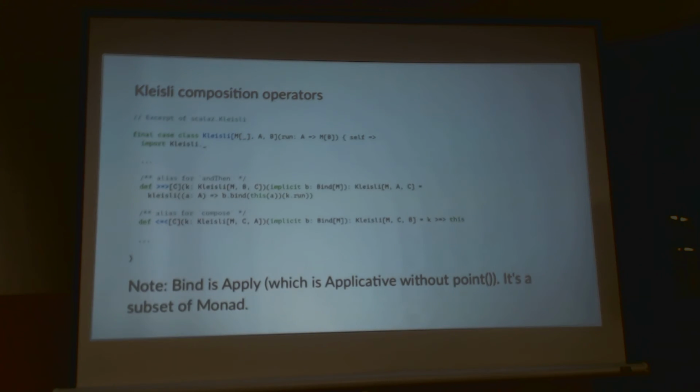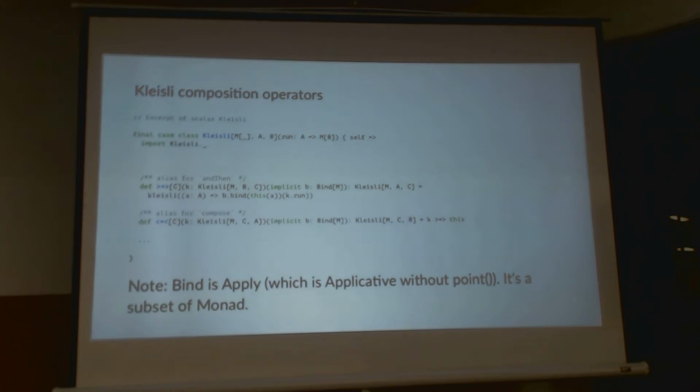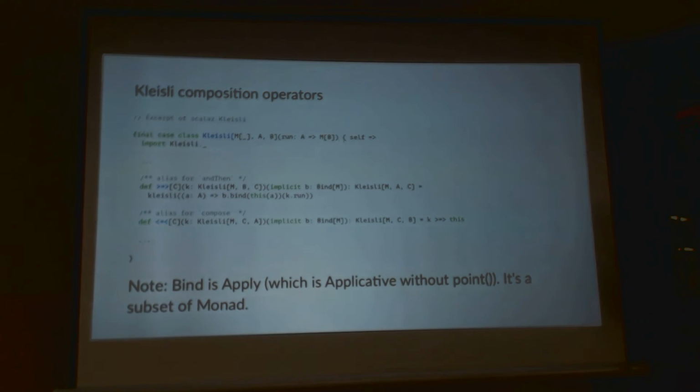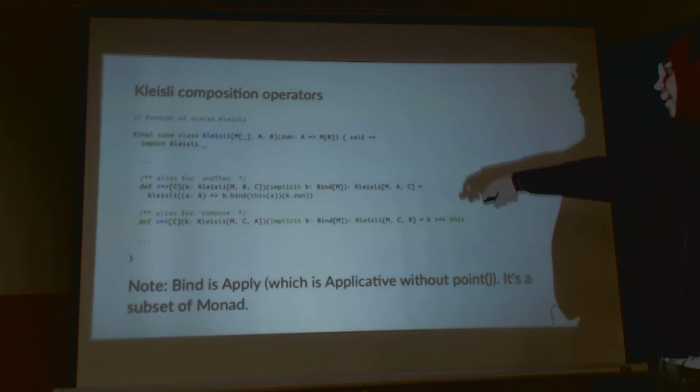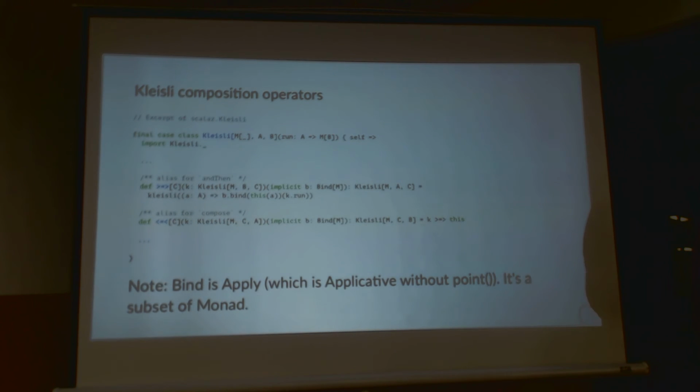And now we're going to reach a point where we start composing these Kleislis together. Just like you saw with regular functions, there's compose and andThen operators for Kleislis, and there are symbolic forms of these as well. I'll just read you the signature, and it'll totally make sense.